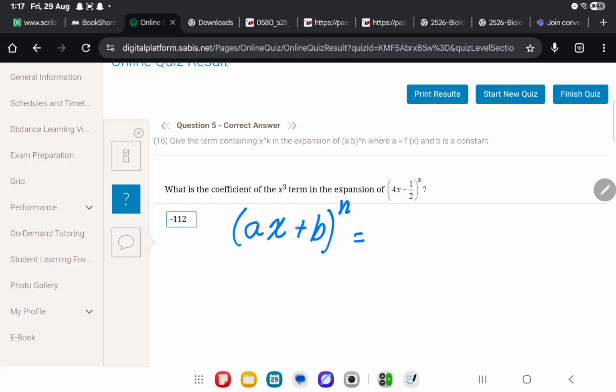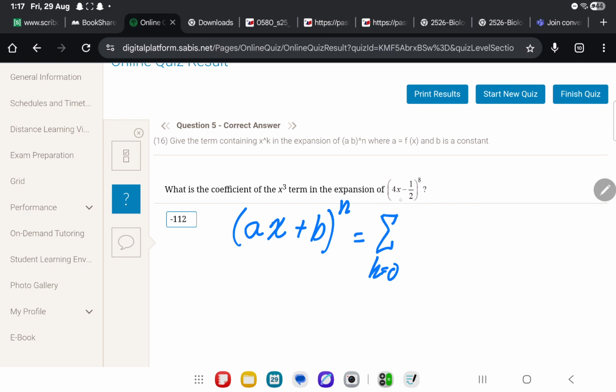Once you have this, obviously you can also have x here, but that's another story and not needed right now. Once you have ax plus b, the formula is the sum. When you're solving, I prefer that you write the general expansion in sigma notation, then you actually begin solving, which is what I'm going to be doing here.